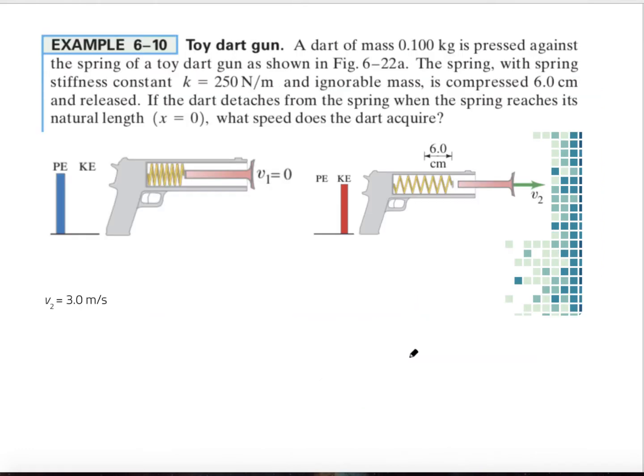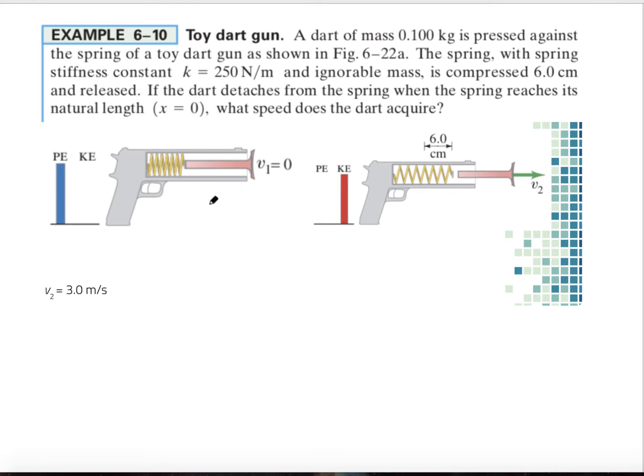For our next example, example 6.10, we have a toy dart gun that uses a spring to launch a dart. The mass of this dart is given to be 0.1 kilograms. That's the only mass we care about. Initially, this dart has an initial speed of 0.